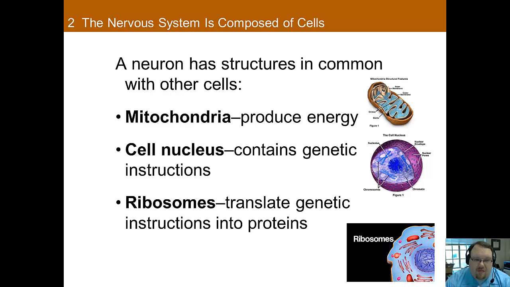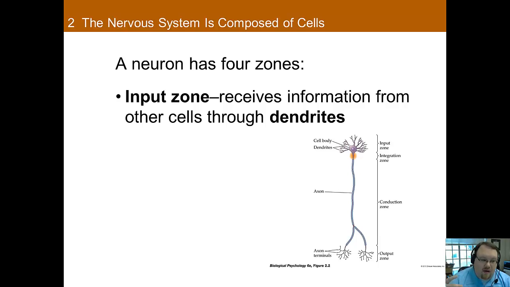And there are also ribosomes. And these are the components that translate genetic information in order to create proteins. So in some ways, neurons are like any other cell you would see. However, of course, they're different. As we mentioned, there are those dendrites and also the axon that differentiate neurons from most other cells.